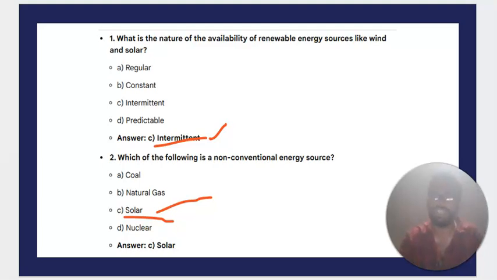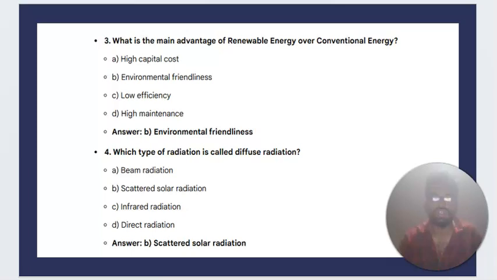Coming to the next slide, the fourth slide, you can see the next bit. What is the third bit? What is the main advantage of renewable energy? It asks what the advantage of renewable energy is over conventional energy. The question is very important and very logical.